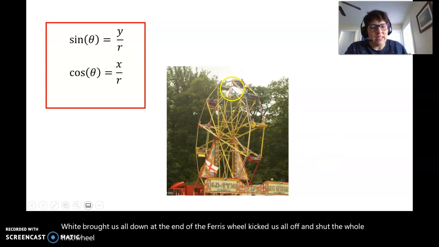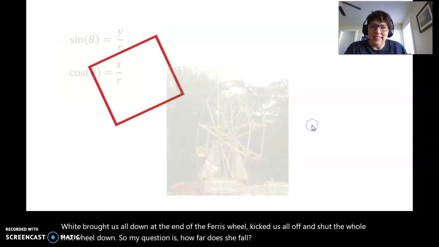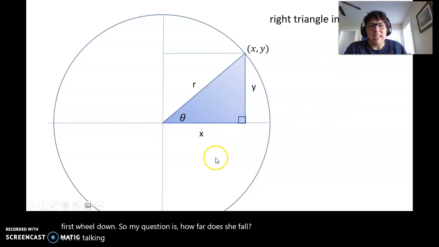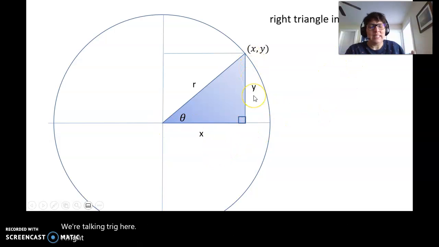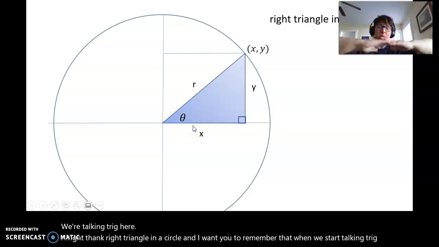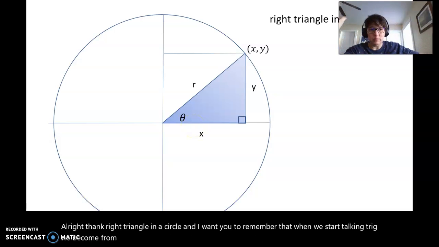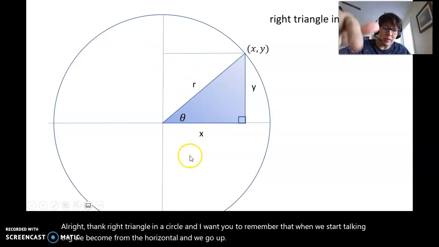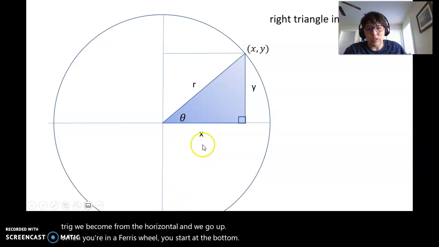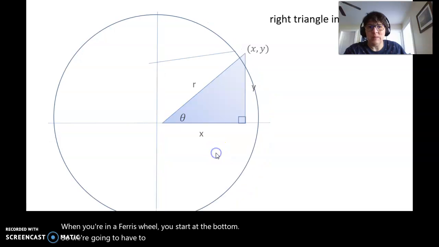So, my question is, how far did she fall? Well, we're talking trig here. A right triangle in a circle. And I want you to remember that when we start talking trig, we come from the horizontal and we go up. When you're on a Ferris wheel, you start at the bottom. So we're going to have to work with this idea.